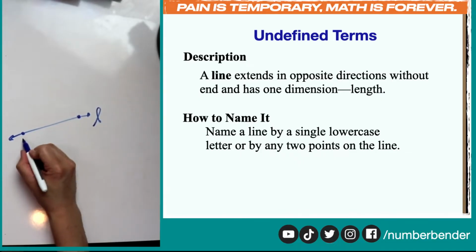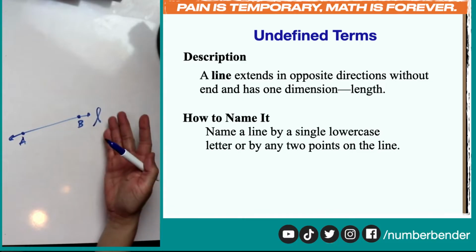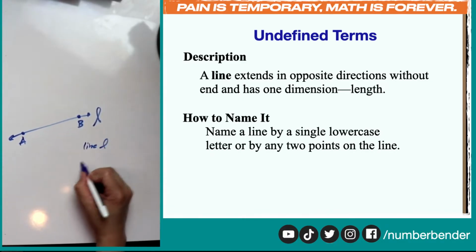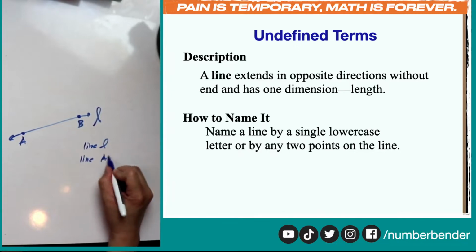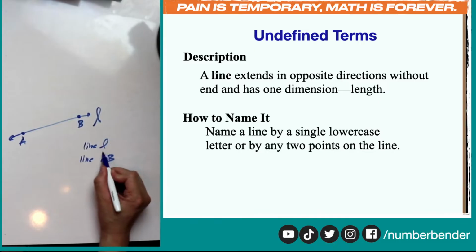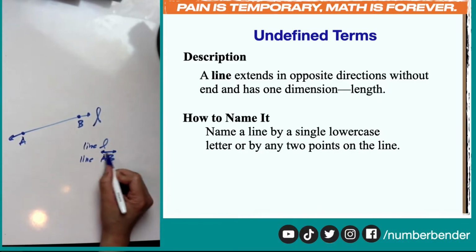So we can say that this is point A and point B. So another way of naming line l would be line AB. But there is a special symbol that we use, and that is a line with two arrows in the opposite direction over A and B.